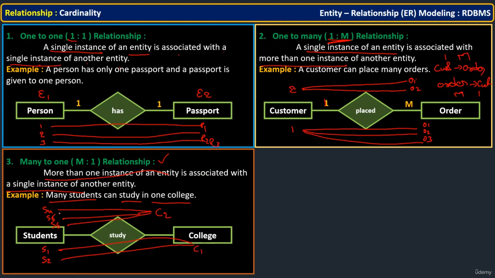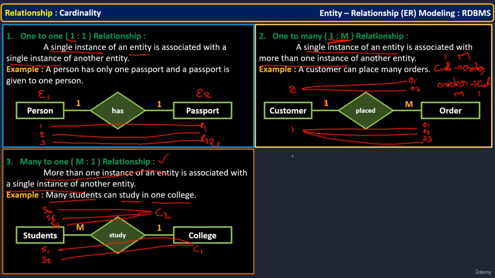Many students are studying in one college, so that is many-to-one. But if you see the reverse, college to students, it is one-to-many. You must be careful about that.